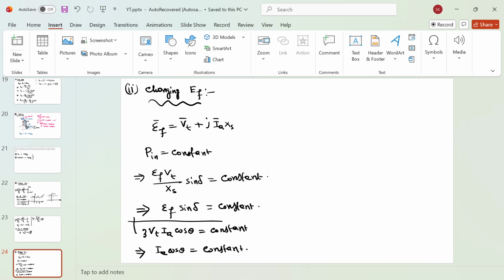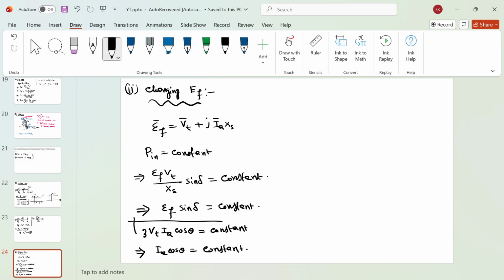So if I draw the phasor diagram for this particular case, this case can be easily understood by having a phasor diagram. Let's say this is the terminal voltage of the infinite bus bar, which is basically constant.